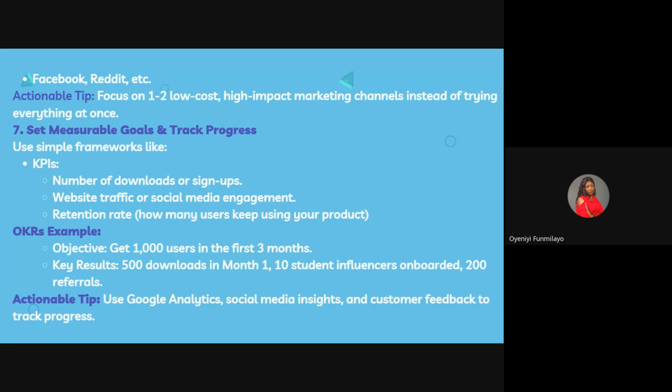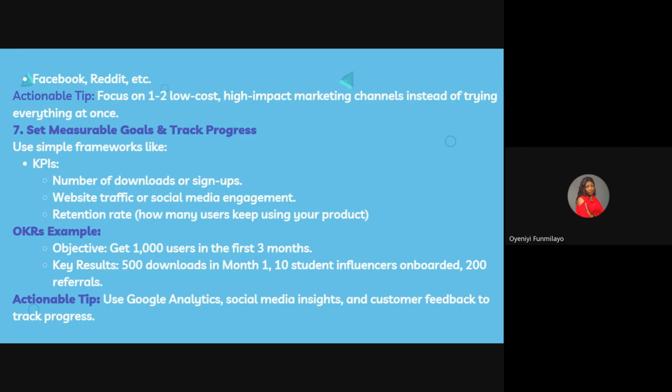Because whatever products you create, you need to make money from it, right? You need to make money from it. So you want to make sure you are measuring your goals and tracking progress. Some of the simple frameworks you can use here are KPIs, like number of downloads or sign-ups.